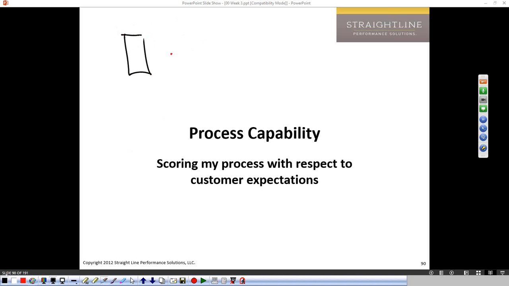There we go. Okay. So remember, this is part of baselining, and here we've got our customer, right? That's a terrible drawing of the customer. There, that's not so bad. Okay, and we're trying to get the voice of the customer, and we're trying to get the voice of the process, and we're connecting it with our key output variable, right? Our y or our KOV. That's what we're trying to baseline.